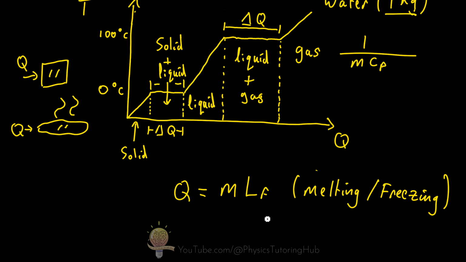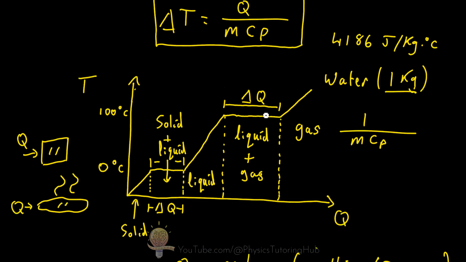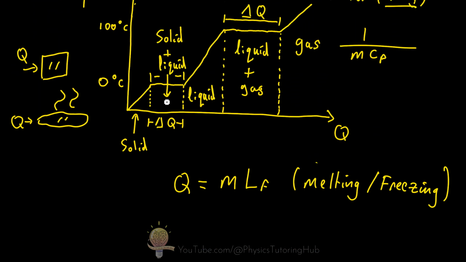So this latent heat of fusion is a constant value, and it's unique to each substance. And it can only be found experimentally, much like the specific heat capacity. So this equation will tell us how much energy we need to add to a substance, whatever that substance is, of a certain mass to completely melt it during its phase change.